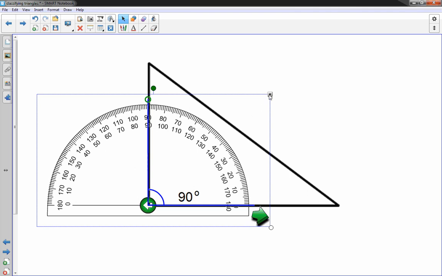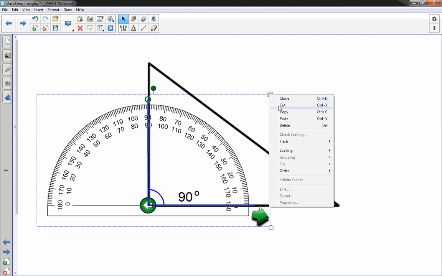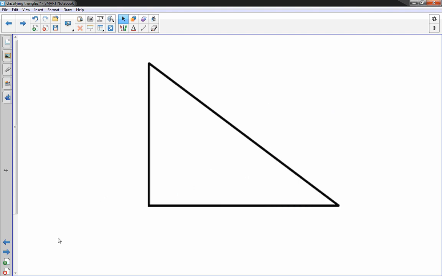One thing I'd recommend doing is, since you measured it, you know it's 90, I'd make a habit of putting this little box there. And what that box means is that it represents a 90-degree angle. I'd make a habit of putting that there and understanding what that little symbol means, because you'll start to see that as you move on through school.